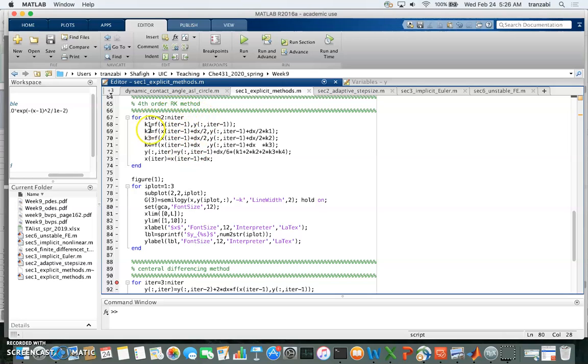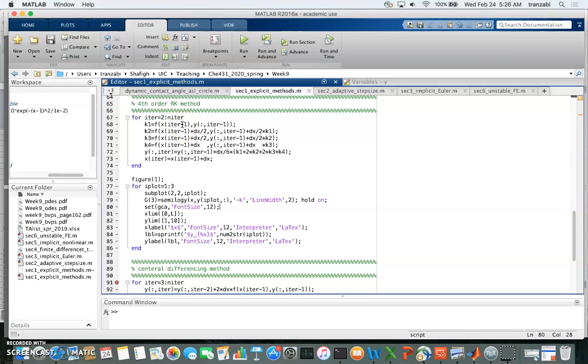So I calculate the 4 k values, and these 4 k values are nothing but the function evaluation at 4 different x and y values. That's pretty much exactly what I had in the notes. So k1 is at point xi, yi. My i starts from 2, so then i minus 1 is going to be 1.